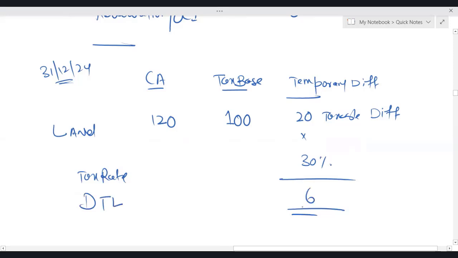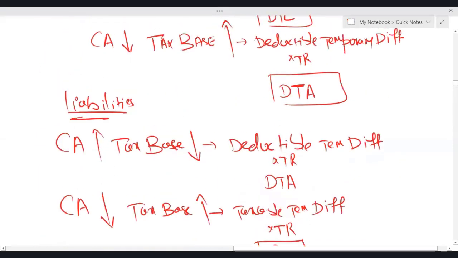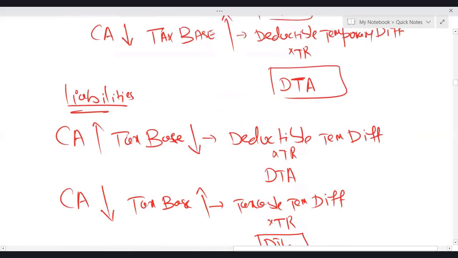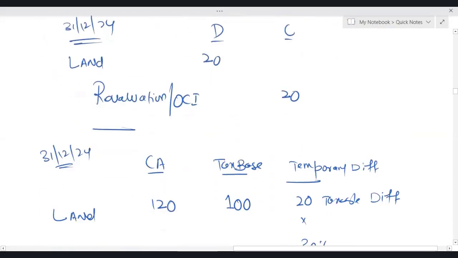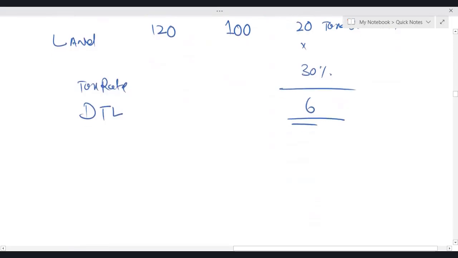Okay, we have calculated the deferred tax liability. You can see this here. We did discuss yesterday. In case of assets, when carrying amount is more than the tax base, the difference is the taxable temporary difference. Taxable temporary difference multiplied by tax rate gives us deferred tax liability. The question is, what is the journal entry for the deferred tax liability?